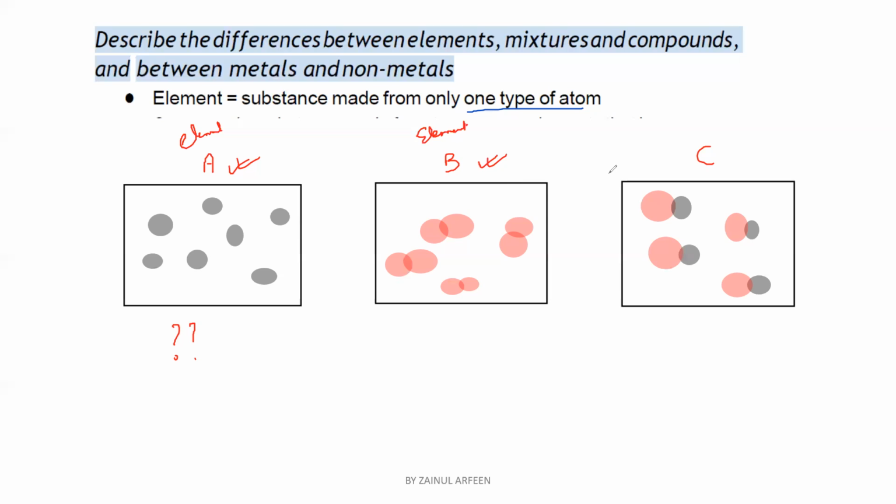And what about C? C is not an element. Why is C not an element? Because two different types of atoms are joined together. So C is not an element. Is it clear? The concept of element?